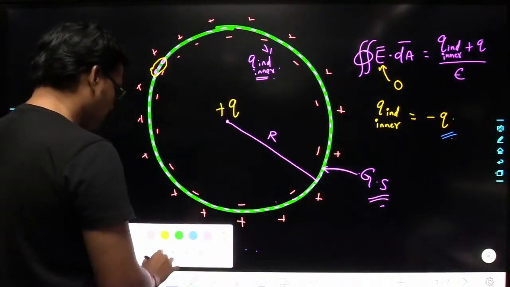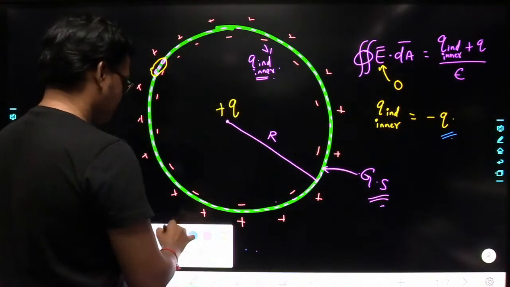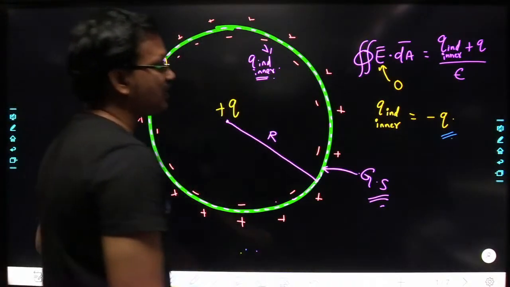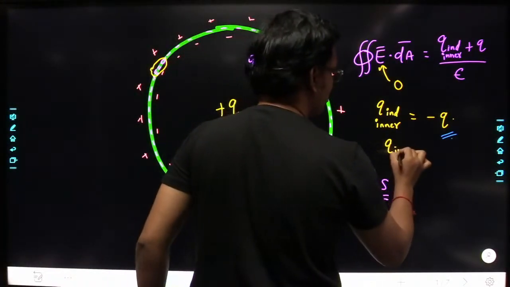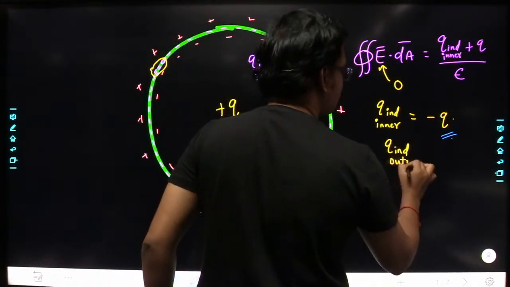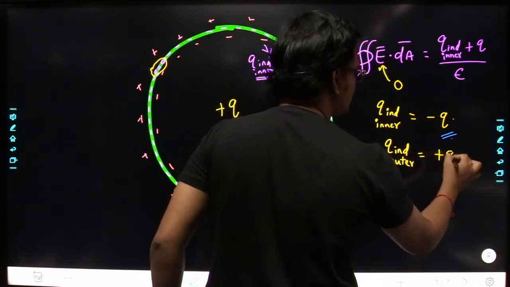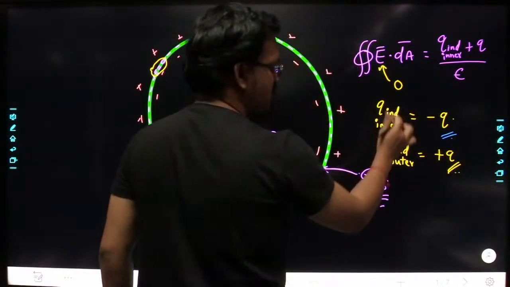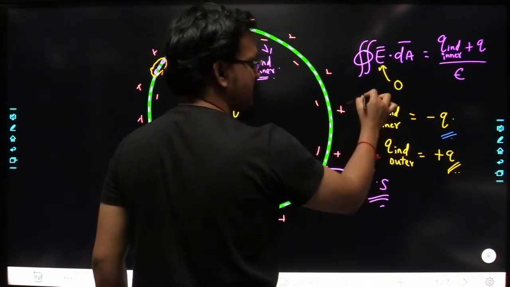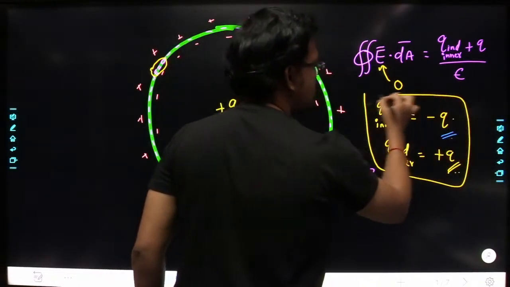Now the charge present on the outer surface of the conducting material, Q induced outer, must be equal to plus Q. Why? Because the net induced charge must always be equal to 0.